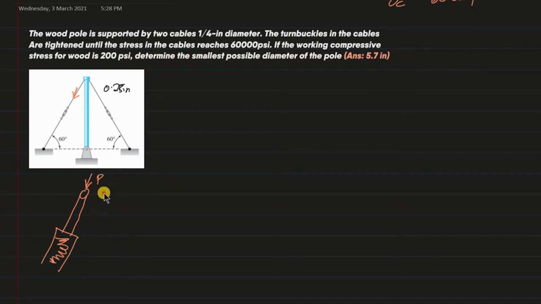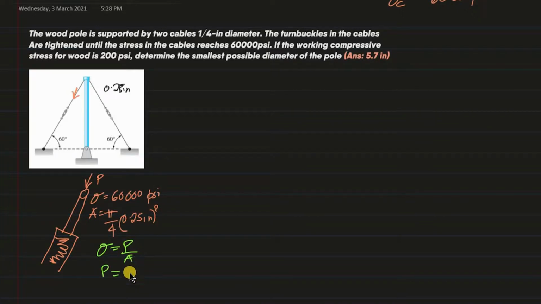And we know that the stress, when na-apply yung P na yun, ay umabot sa 60,000 PSI. Okay? And alam din natin yung area nito which is equal sa pi over 4 times yung diameter niya, 1/4 inches, so 0.25 inches squared. Alright? So, given the stress and area, masosolve natin yung value ng P. Stress is equal to P over area.